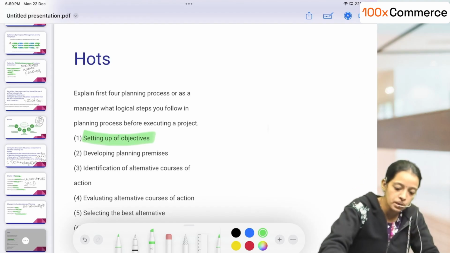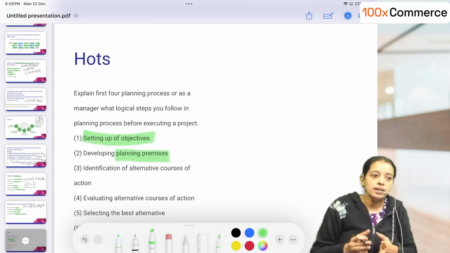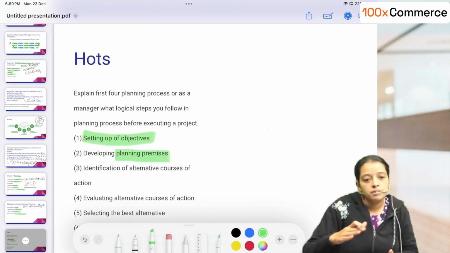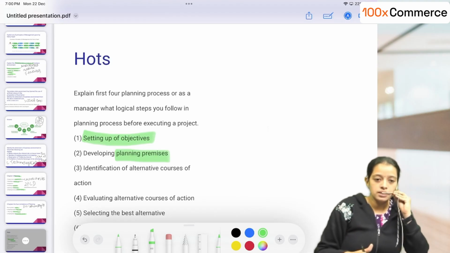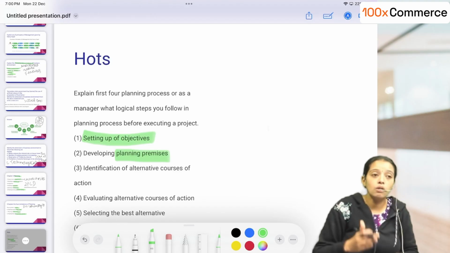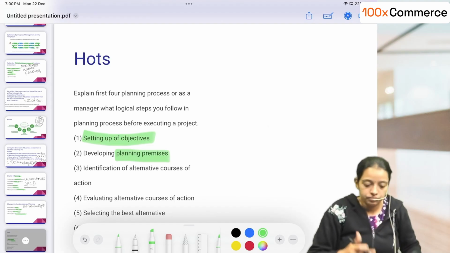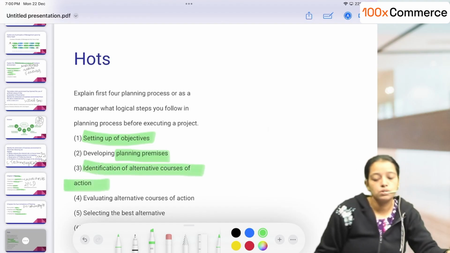Next one is developing planning premises. Planning premises in the sense making certain assumptions for building the proper plan. It is all about the future assumptions made by the company in order to turn the plan into reality. Next one is identification of alternative courses of action.